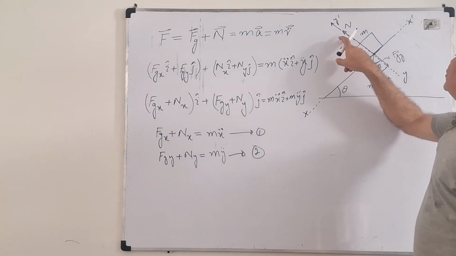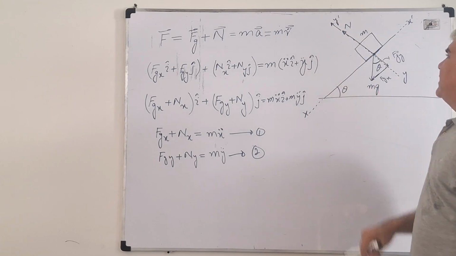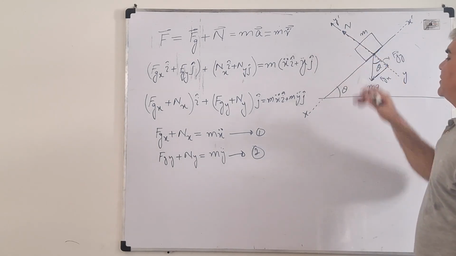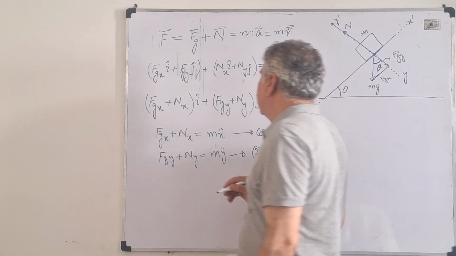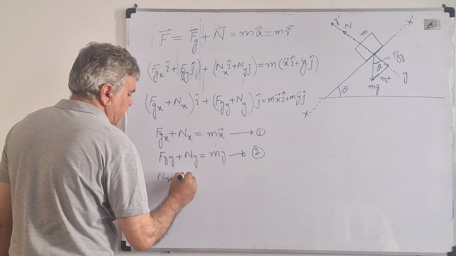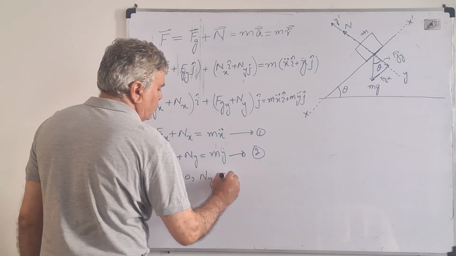And for N, there is no component along the x-axis because this is parallel to the negative y-axis, therefore we don't resolve that. So from this I can write that Nx is equal to 0 and Ny is equal to N.